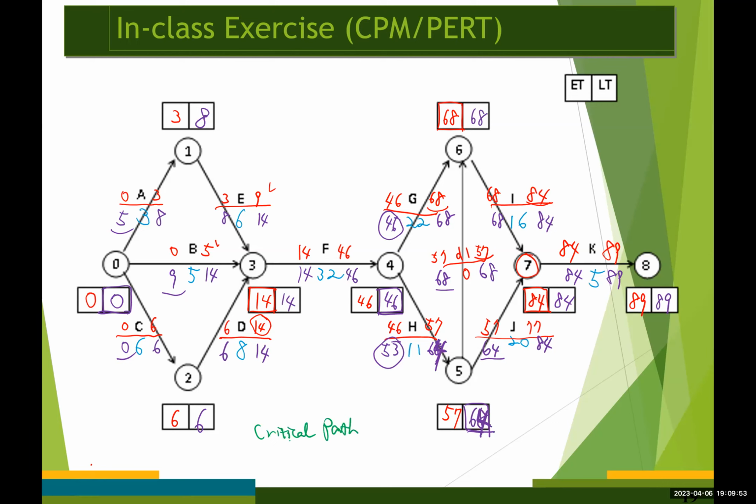Critical path and critical activities. Critical path starting from 0. We go to number 2, and then event number 3, and then event number 4, right?